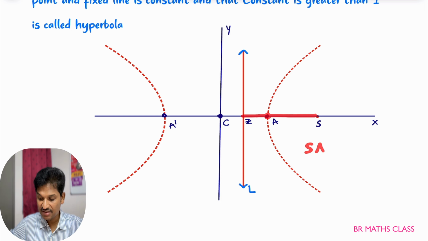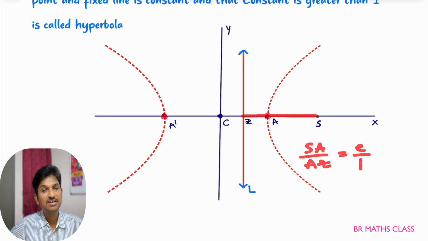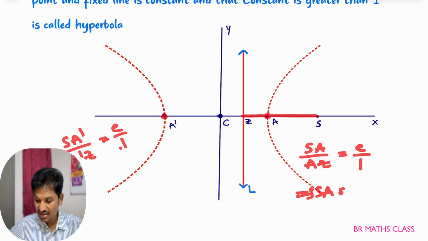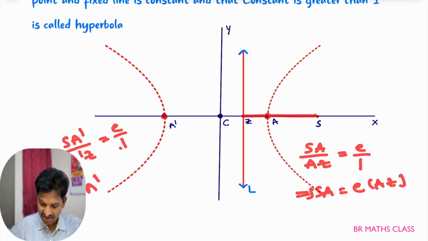As I discussed earlier, A divides SZ in the ratio E is to 1, which we write as SA divided by AZ is E by 1. Similarly, A dash divides SZ in the ratio E is to 1 externally. We write it as SA dash divided by A dash Z is E is to 1. From this, what is SA? Cross multiplying, SA equals E times AZ. What is SA dash?